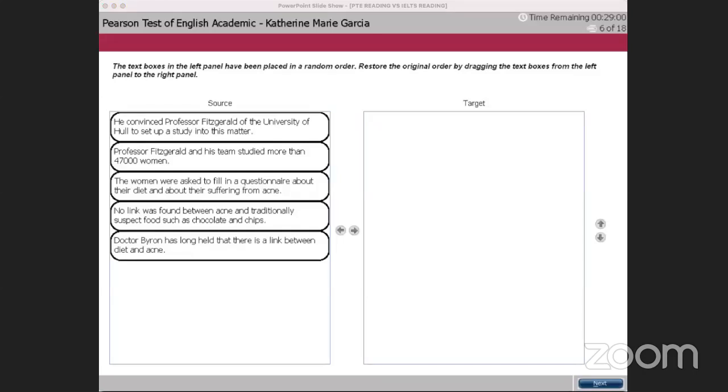All right, so let's look at the Pearson Test of English reorder paragraphs. When we have reorder paragraphs in the test, you will be given randomly ordered sections of an entire paragraph. So we have sentences here that will compose one entire paragraph, and what you need to do is to put them in the correct order.